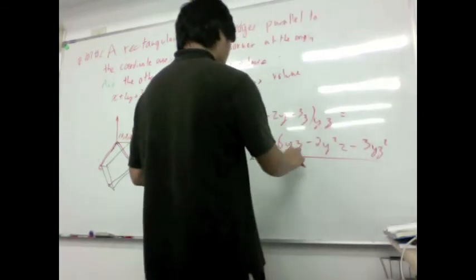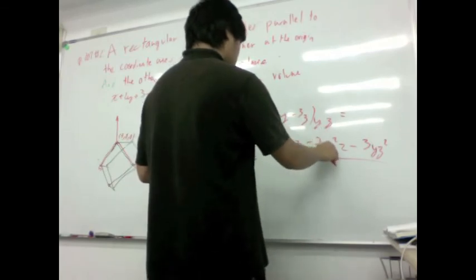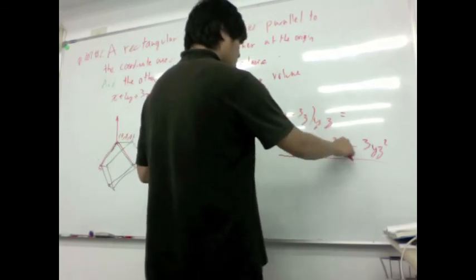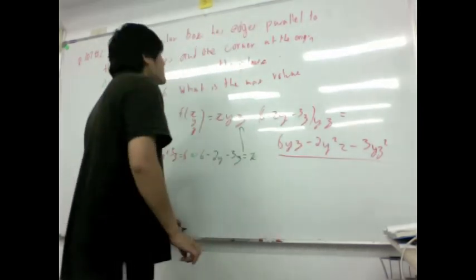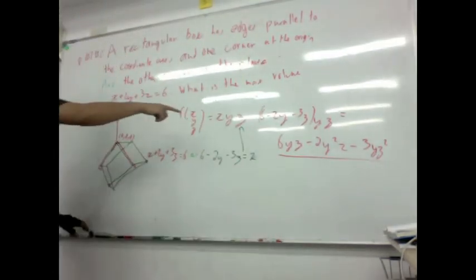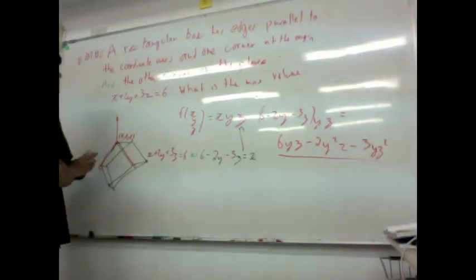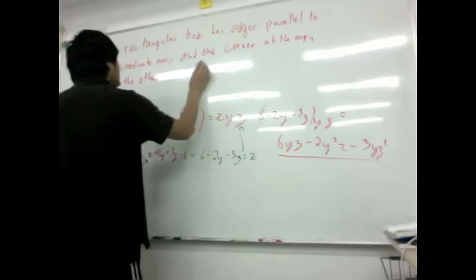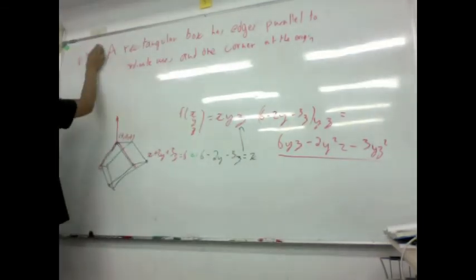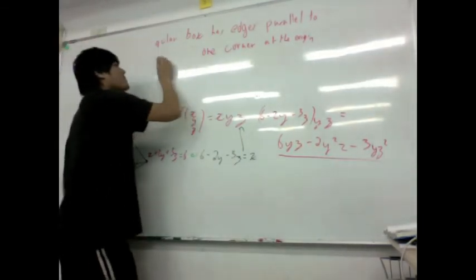Let's check. Yep. Yep. 3z squared, yeah. So now we just have to optimize this function. Remember, y and z can be anything, but x is determined by y and z.